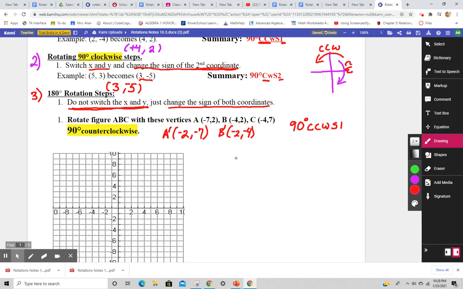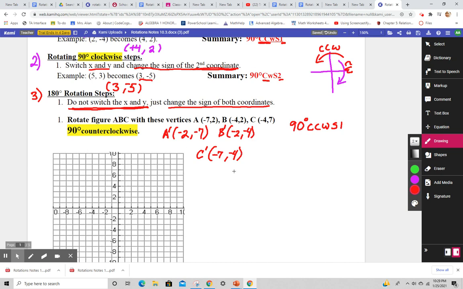So this will be -2. C prime, switch X and Y. So we'll have 7, -4 when you switch them, and change the sign of the first. That's it. And now we're going to plot the original, the pre-image, and then the image.